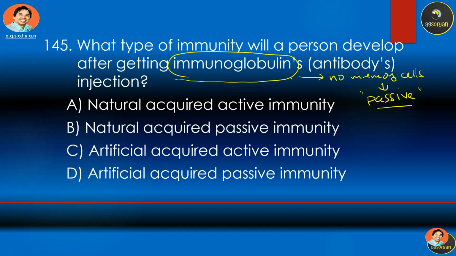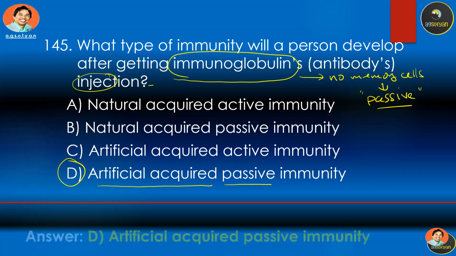And it is done by injection. So injection is artificial. So look for artificial acquired and passive immunity. So someone that gets antibody injection or IG injections will have artificial passive immunity. He will be immune to the disease for only several months.